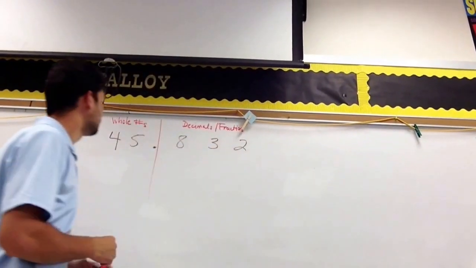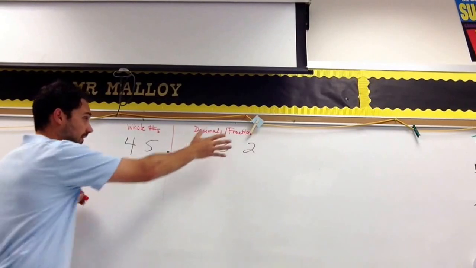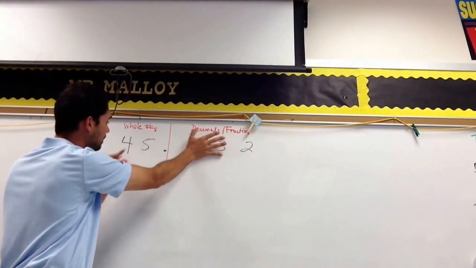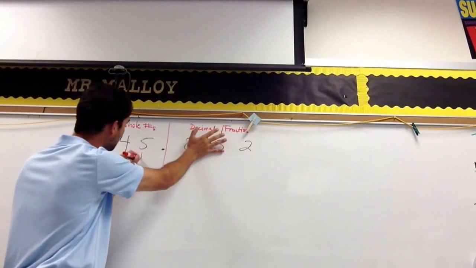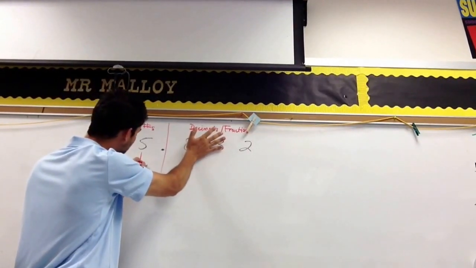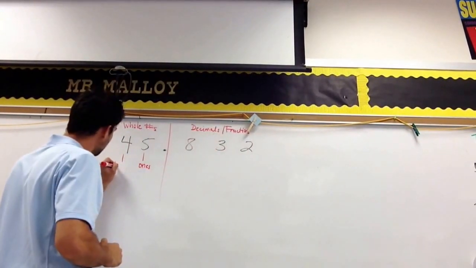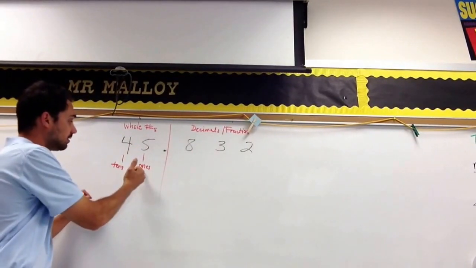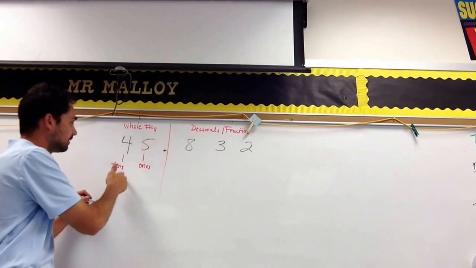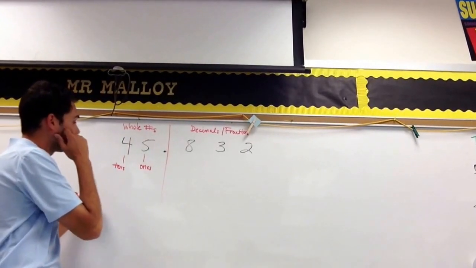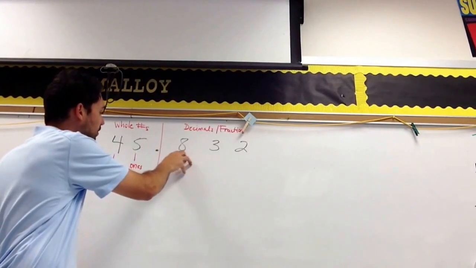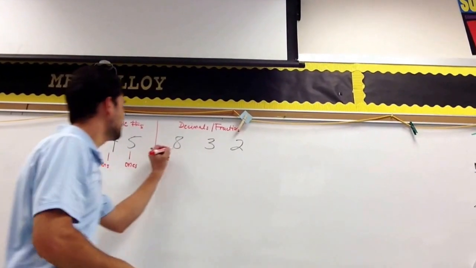So, if I cover up the right side, you can actually physically do that and look, okay, well, this would be the ones place. This would be the tens place. This is 45, right? 5 is the ones, the tens is the 4. Now, directly to the right of the decimal point, we get the tenths.